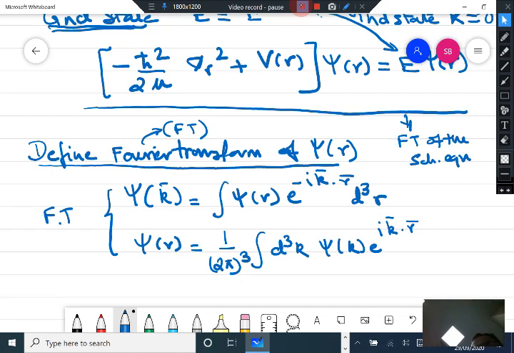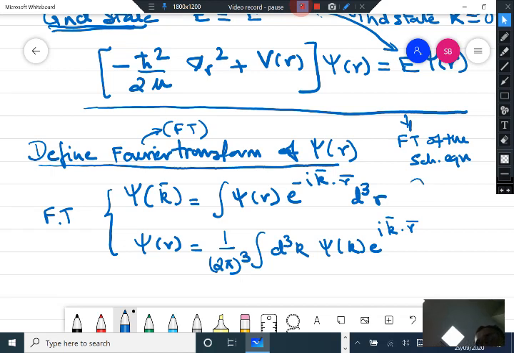For doing the Fourier transform, we define the Fourier transform of the wave function: psi of k is equal to the integral of psi of r e raised to minus i k dot r d cube r, and psi of r is equal to 1 by 2 pi whole cube, integral d cube k psi of k e raised to i k dot r.